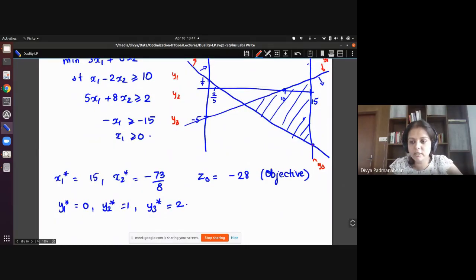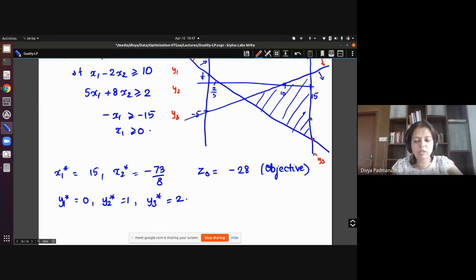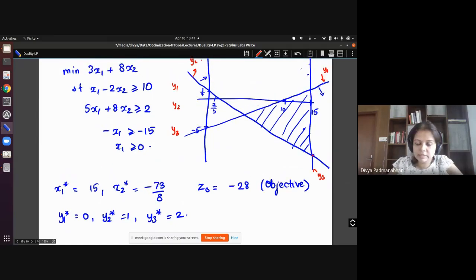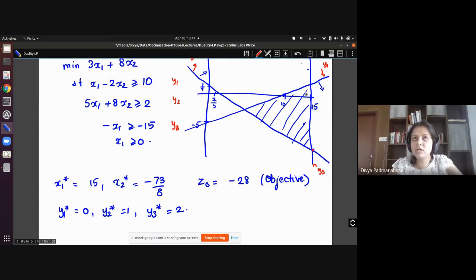Because this is the optimum point, and these are the two constraints that were in some sense active. By active I mean that they were satisfied with equality, and these were the two constraints which took a greater than 0 value. The first constraint was not satisfied with equality. So there was a gap, and this was satisfied with a greater than sign. So that's why y1 star was 0.